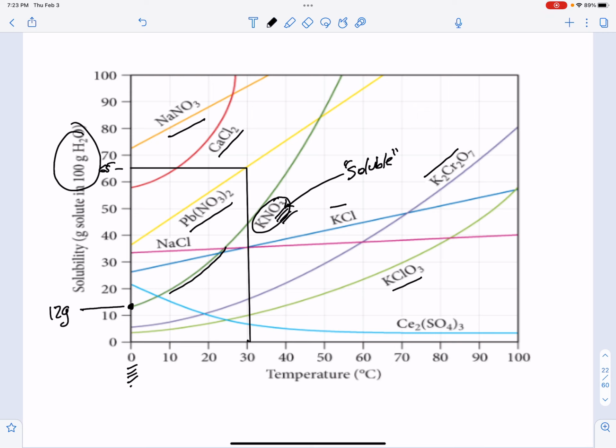The only exception we see is this compound, cesium sulfate, and most likely that is because of the way the lattice is constructed. So we cannot say always, but in general, solids will tend to increase solubility as the temperature increases.